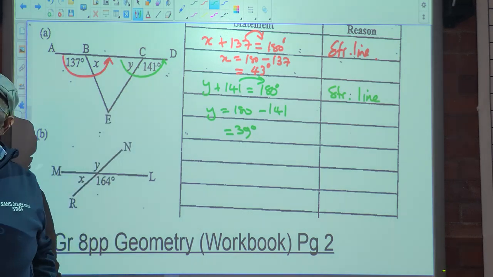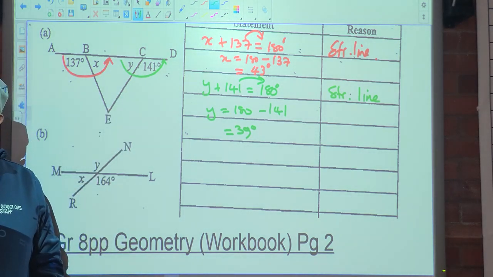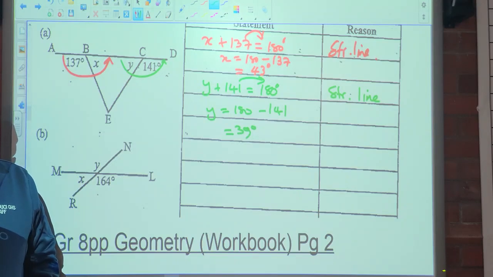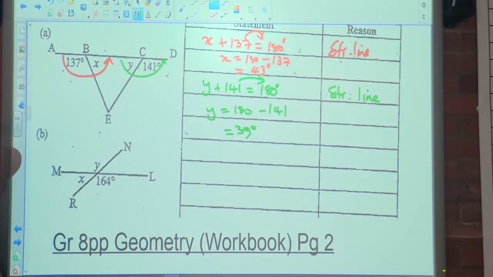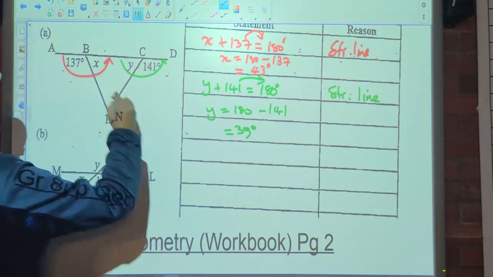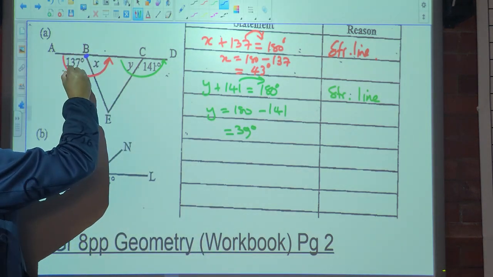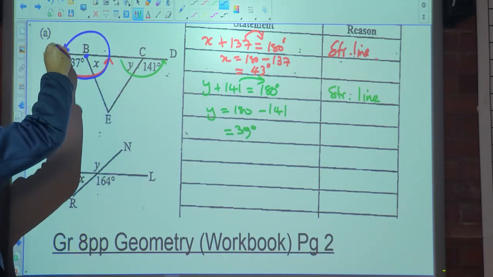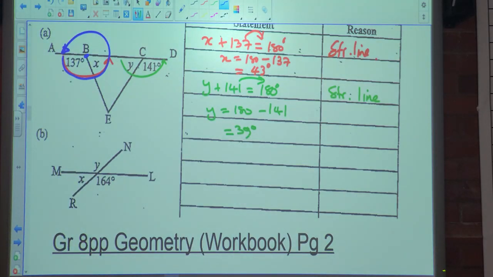But that statement is not right. What's your reasoning? I said revolution. It will only be a revolution if you have all the angles around that point. So it's going to be 137 plus x plus 180 is a revolution. But you can't say that plus that is 360 because of revolution. That is not a revolution. You understand?